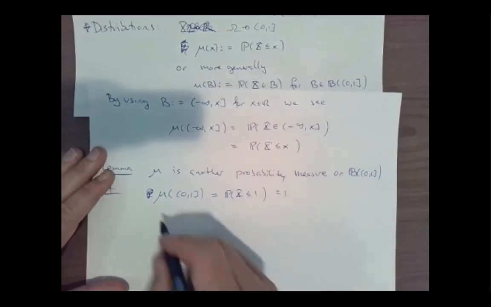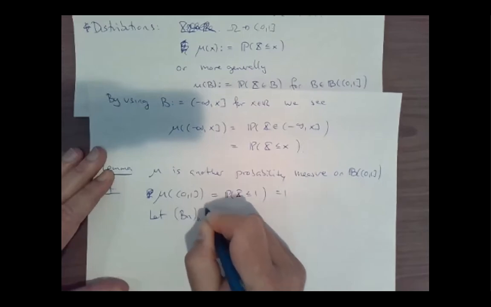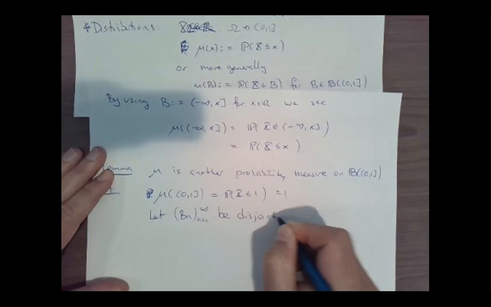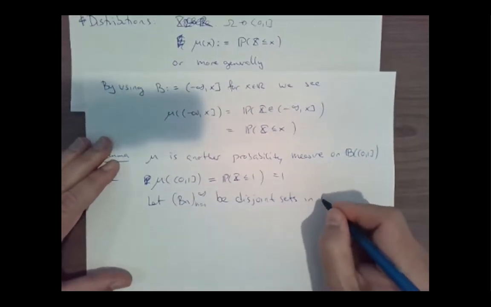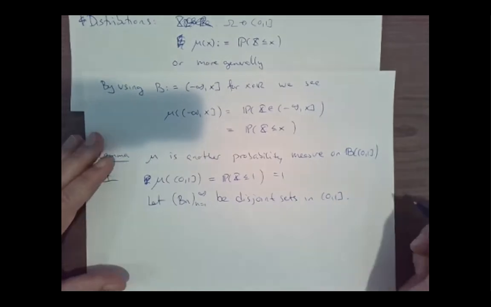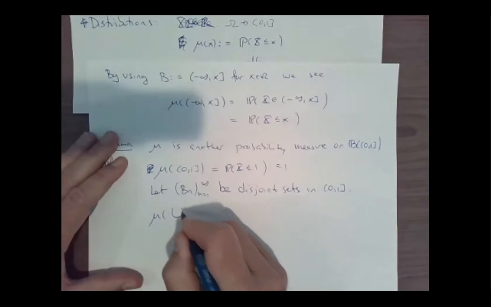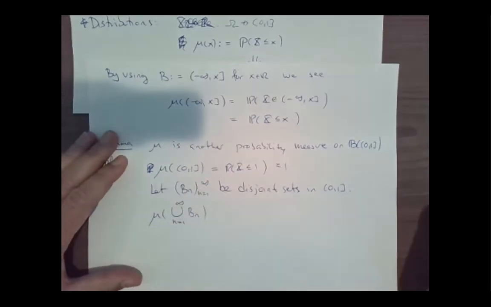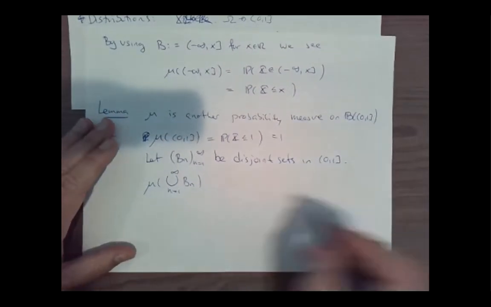If I take disjoint sets in this interval, then what I want to do is take mu of that union. Well, I use the definition.